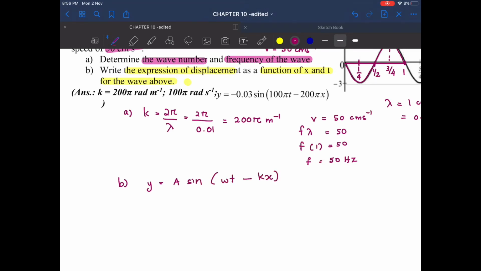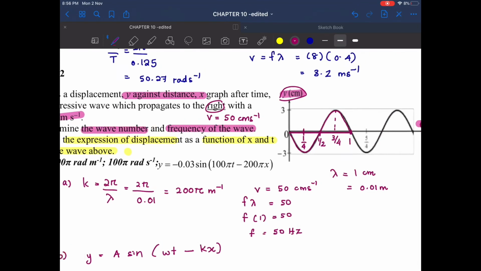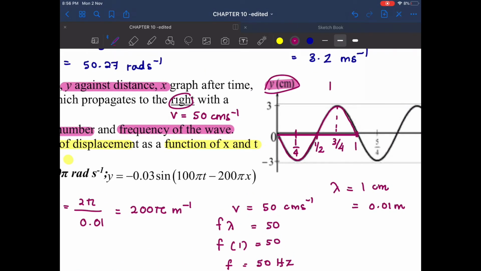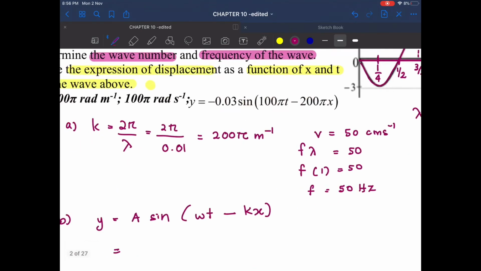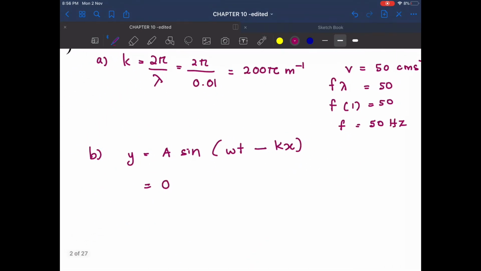Sebab dia gerak ke kanan, maka dia negatif. And then a, tengok amplitude kita tadi berapa? Amplitude kita adalah 3 cm ataupun 0.03 meter.